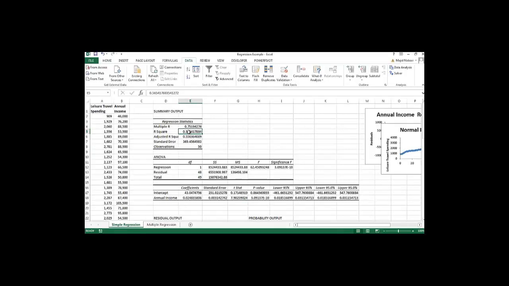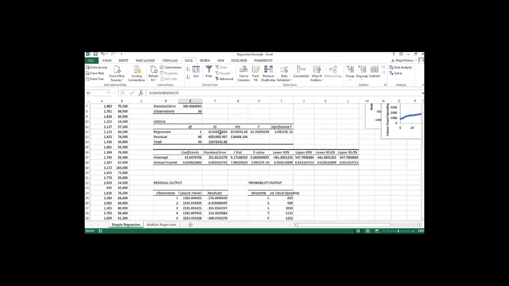56% of variations in spending explained by annual income. In ANOVA table, sum of squares due to regression and due to residual are calculated. Mean square due to regression is dividing sum of squares due to regression by degrees of freedom.